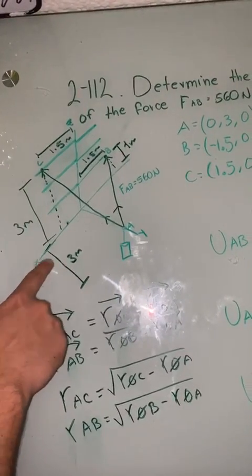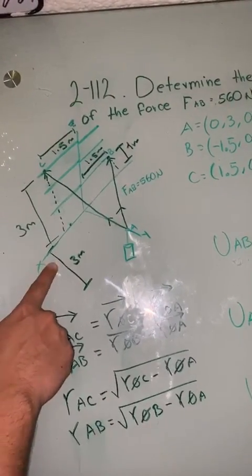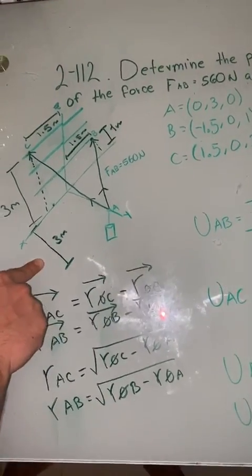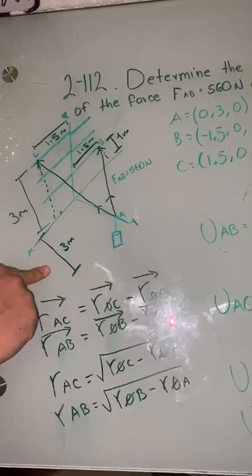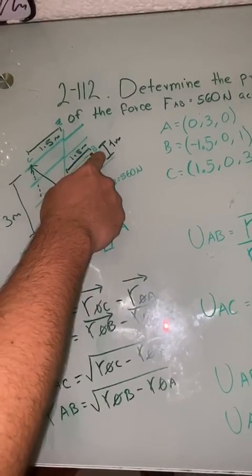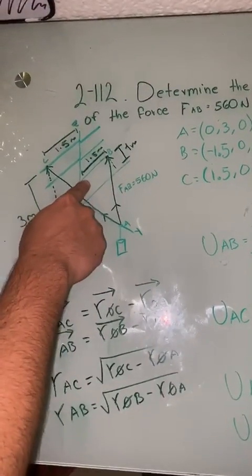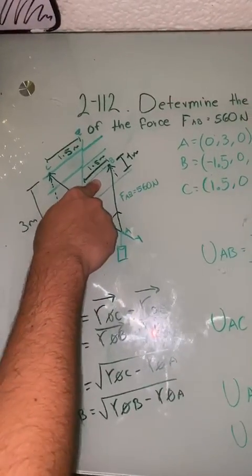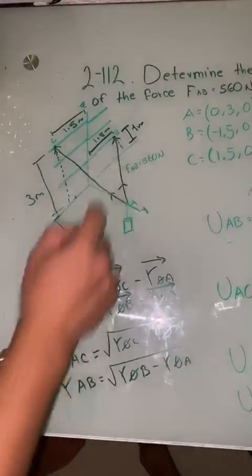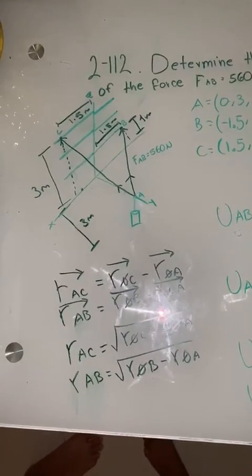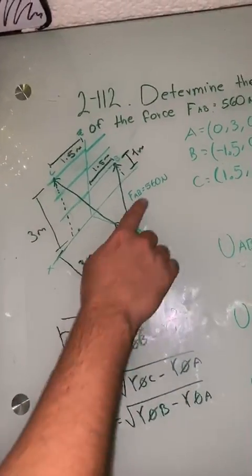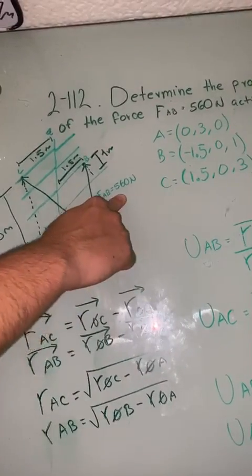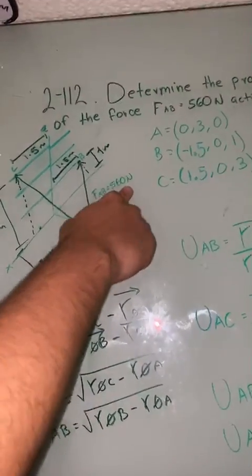The axis X with respect to the point A is equal to 3 meters. The point B, with respect to the axis Z, is 1.5 meters, and with respect to the axis X is 1 meter. The force AB is equal to 560 newtons.